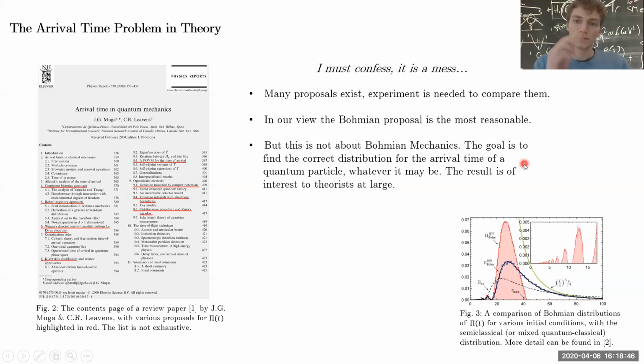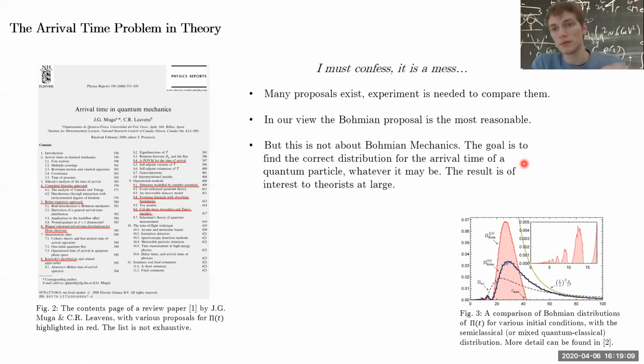Now, I'd like to make one thing clear though. This experiment is not about Bohmian mechanics. We happen to come at it from a Bohmian perspective. But there are physicists who come at this problem and would be very interested to see the result who aren't in support of Bohmian mechanics.